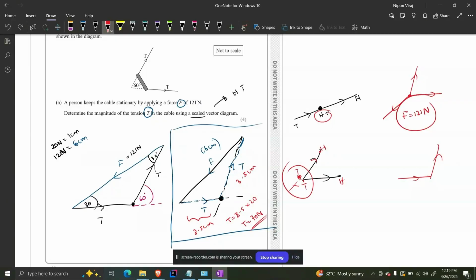So what did we do again, to brush up? We just drew a basic diagram, and then we knew that tails cannot obviously be connected in a vector diagram. Then we arranged the vectors, like we took this vector to this position and this one to this position. In vectors you can take them anywhere, right? You can change the position of vectors, but you cannot change the magnitude and the direction of the vectors.